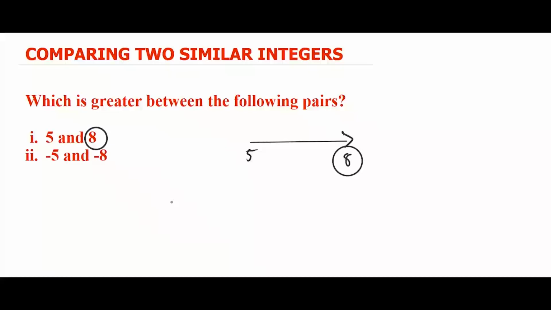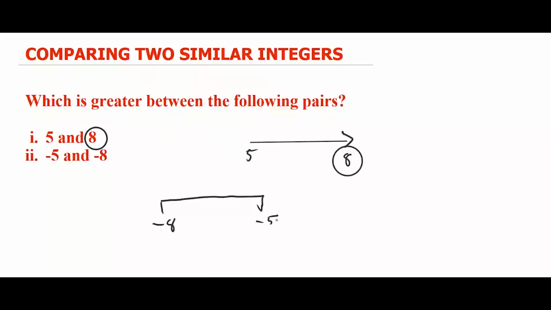For the second one, we have -5 and -8. If you put them on the number line, you can't write them like this, right? It is wrong to write them like this because after 0, we have -5 first, then -8.